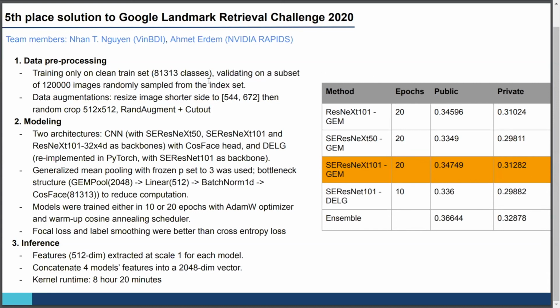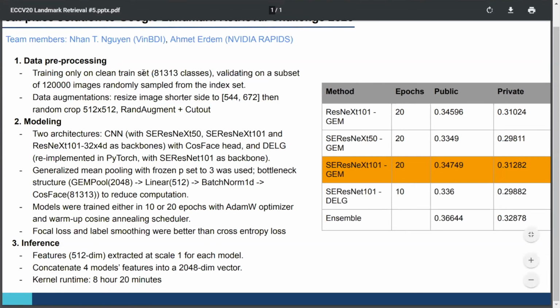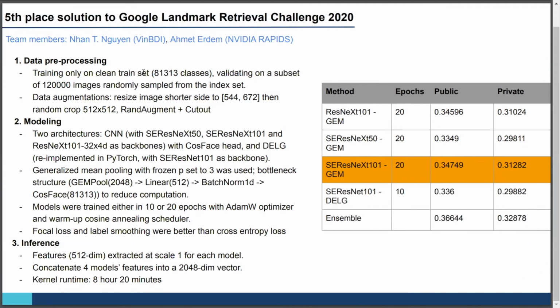So I think my local validation set had about 40,000 classes. Because I downloaded the index dataset, I just kept the images that have the same class as the clean train dataset. So it's easier for me to run validation for every epoch.